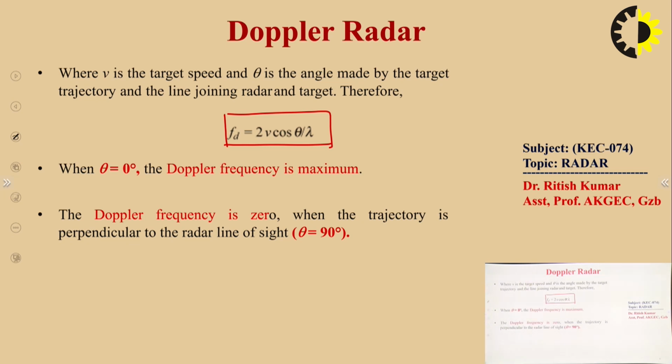There are two cases. At theta equal to 0, the Doppler frequency has the maximum value. At theta equal to 90 degrees, we get the Doppler frequency as 0, when the trajectory is perpendicular to the radar line of sight. I think Doppler radar, Doppler frequency shift and some microwave bands are clear to all of you.